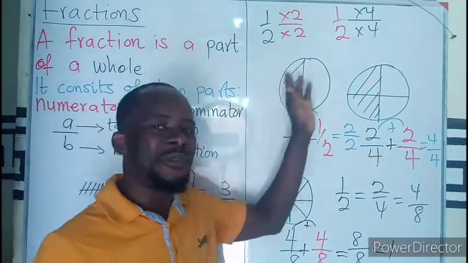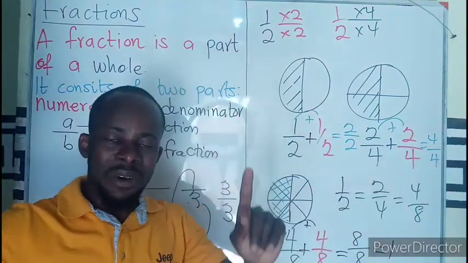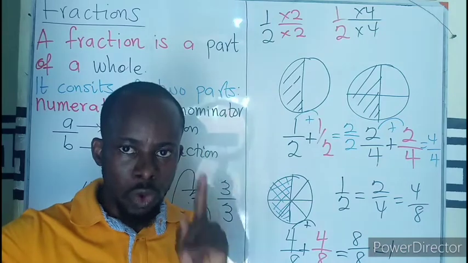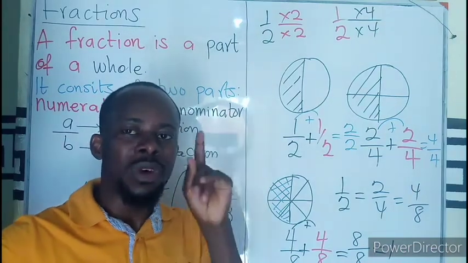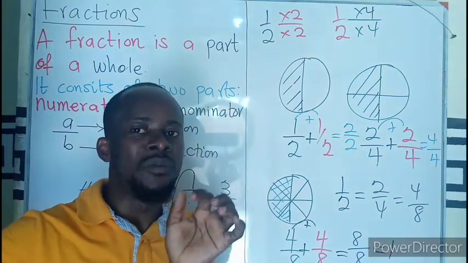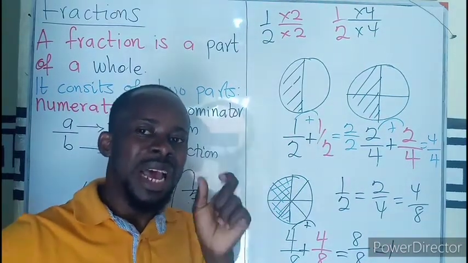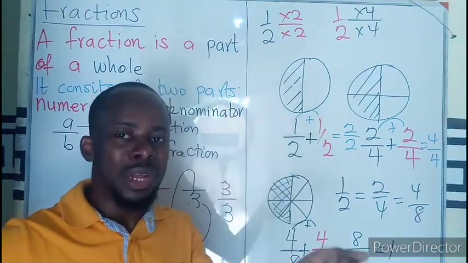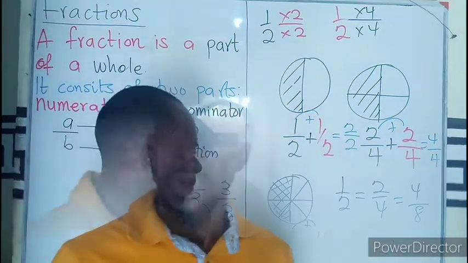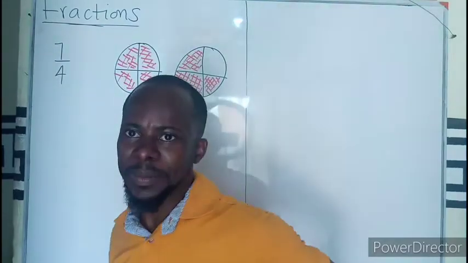So you can see that a total fraction is always 1. When I say total fraction, I'm referring to a common fraction called a proper fraction, meaning a fraction that has the numerator smaller than the denominator. Alright, so let's look at this.